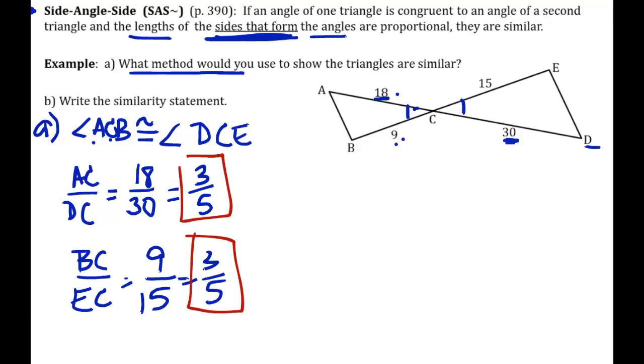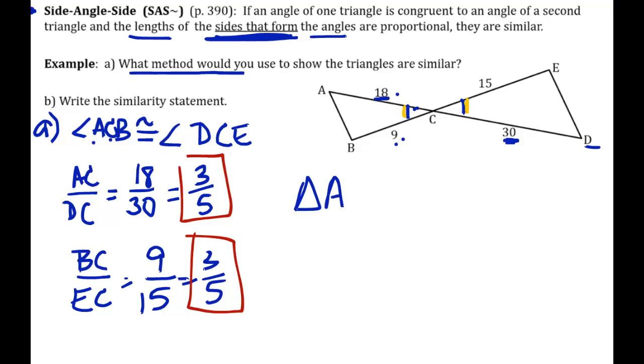Same ratio between the two corresponding sides, and again, it has to be the sides that form the angle right here that we're looking at. Okay, the angles that are congruent, it has to be the sides that form that. And so since they are congruent, now we can write a similarity statement.